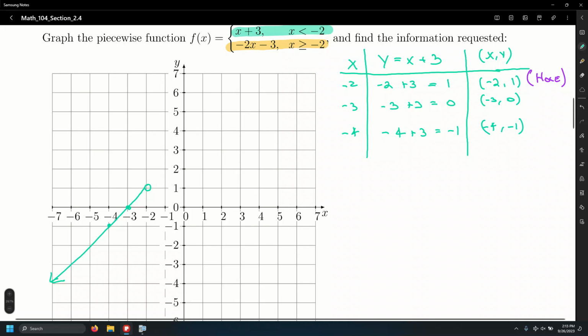Let's do the second part. So let's make another table. x and then negative 2x minus 3.